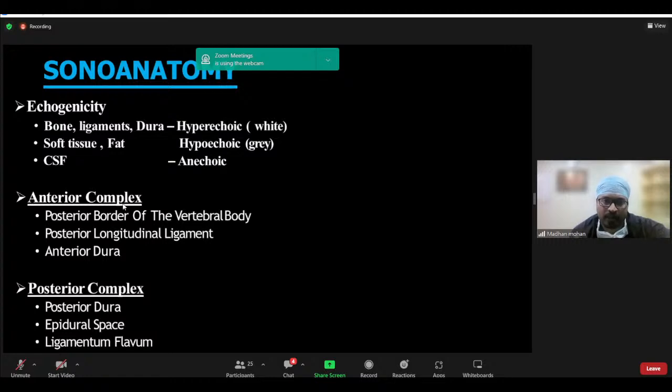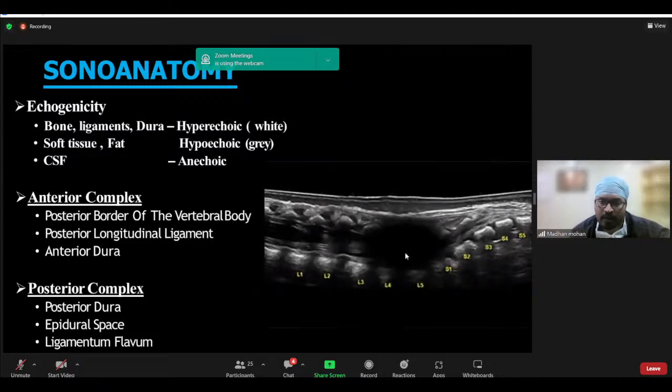Apart from the bony structures which we have discussed, we have some ligament structures which will produce images in the ultrasound so that we can identify what is what. We have two complexes, mainly the anterior complex and the posterior complex. The anterior complex lies on the anterior side of the vertebra. You can see the vertebral body lying in the front, and the anterior complex will be just behind the vertebral body.